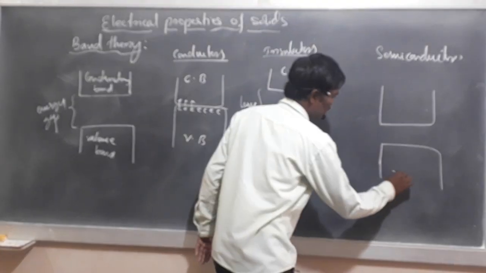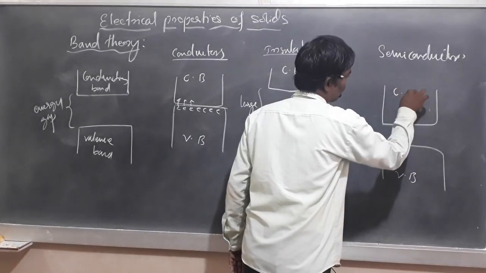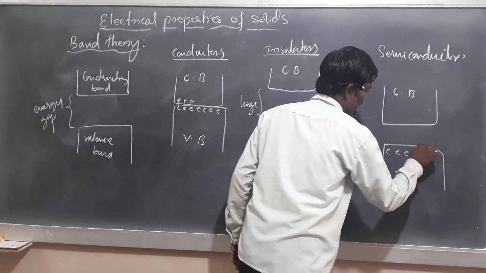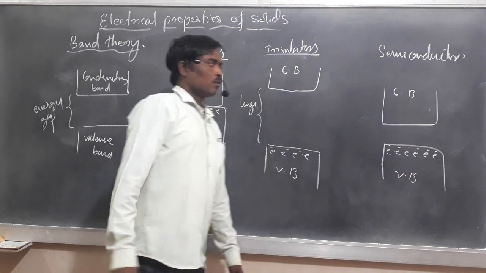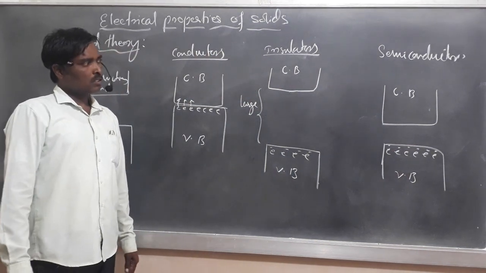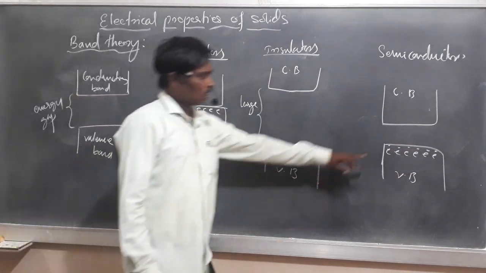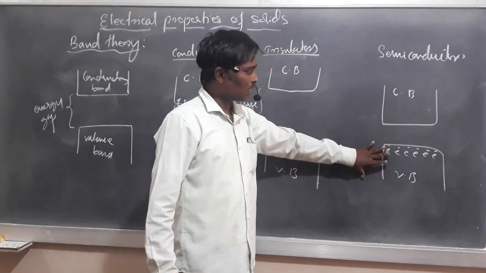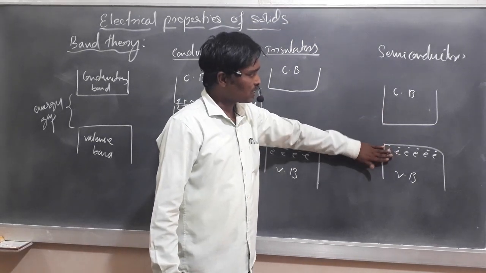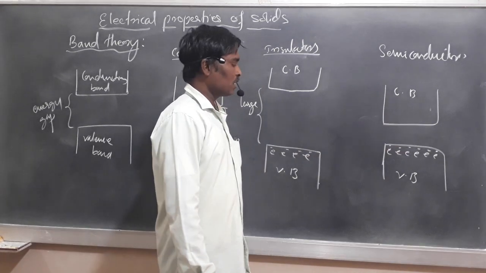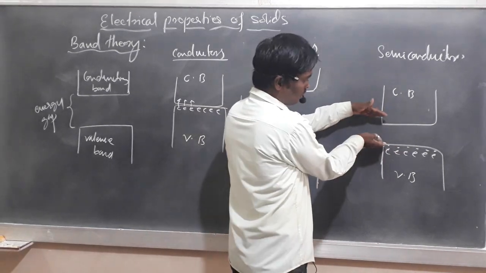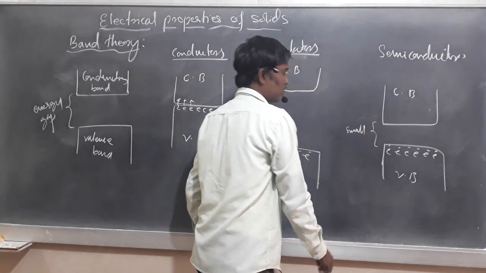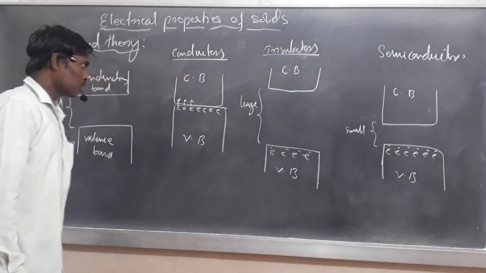So this is the valence band and this is the conduction band, and these are the electrons. Now the electrons can easily jump from the valence band into the conduction band. If we heat the substance, electrons can easily jump from the valence band into the conduction band, because there is a small gap between the two bands.